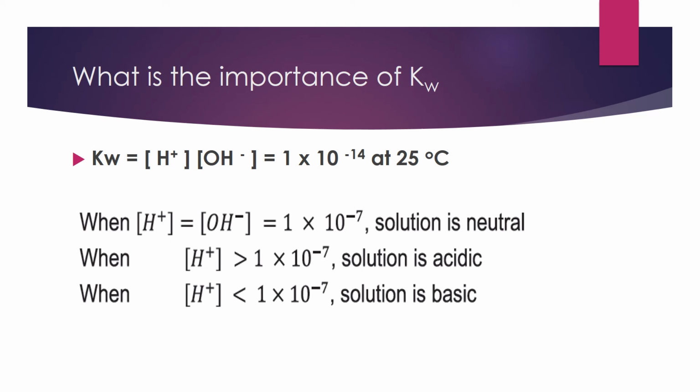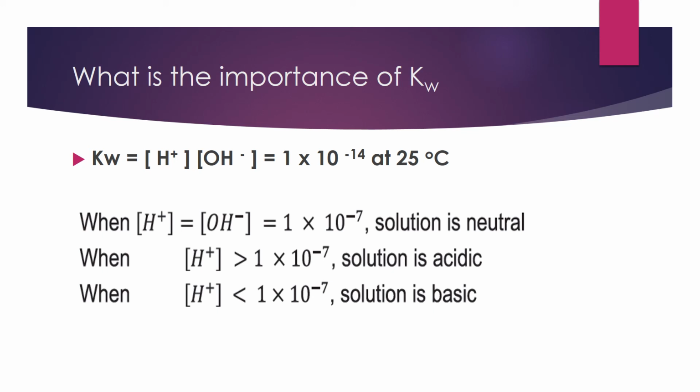It means the concentrations of hydrogen ions and hydroxide ions are equal, each 1 into 10 raised to the power minus 7. When the concentrations of hydrogen ion and hydroxide ion are equal, the solution will be neutral because they carry equal numbers of hydrogen ions and hydroxide ions.